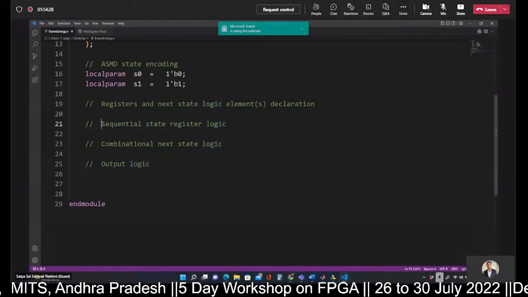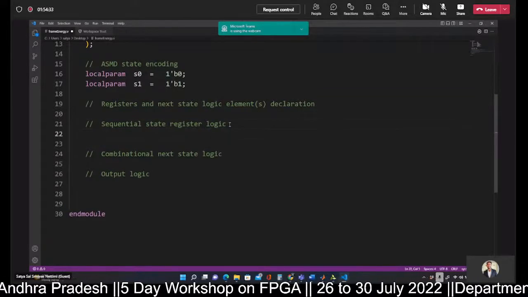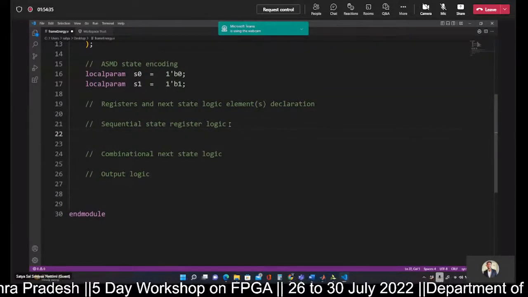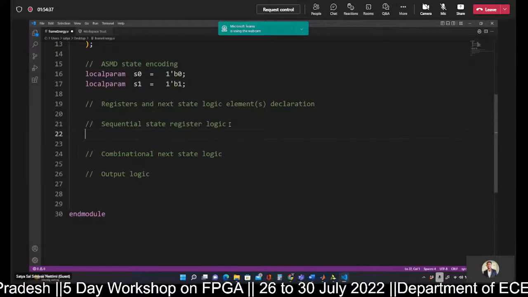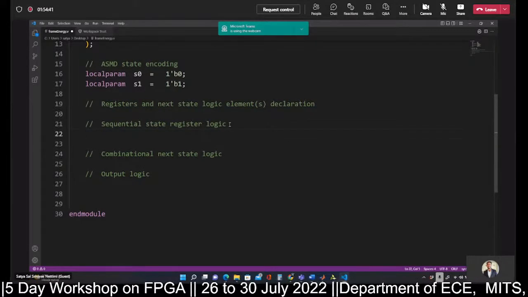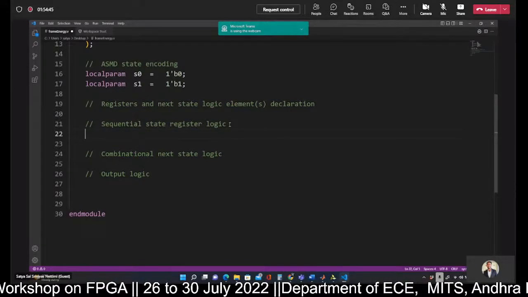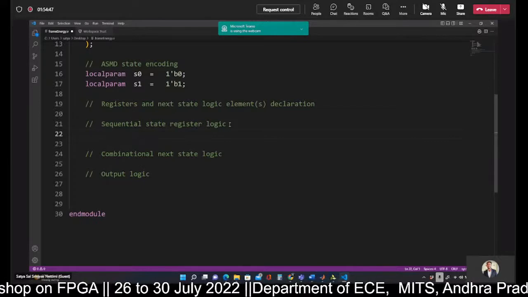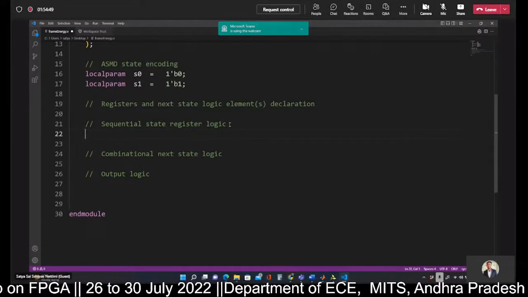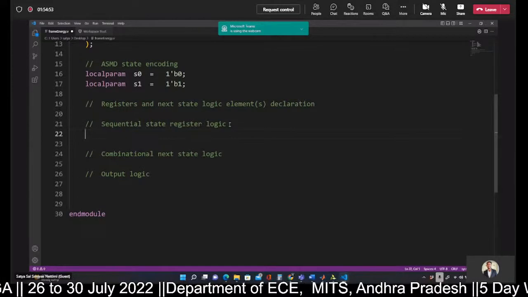When we are describing the sequential state register logic in behavioral, as I mentioned earlier, behavioral means you have to use only procedural statements. You have to define all the procedural statements within a block, and that block is called an always block. So I will write an always block.